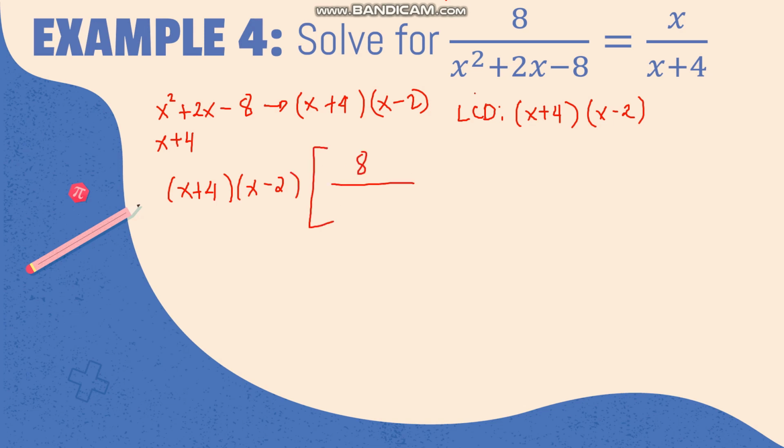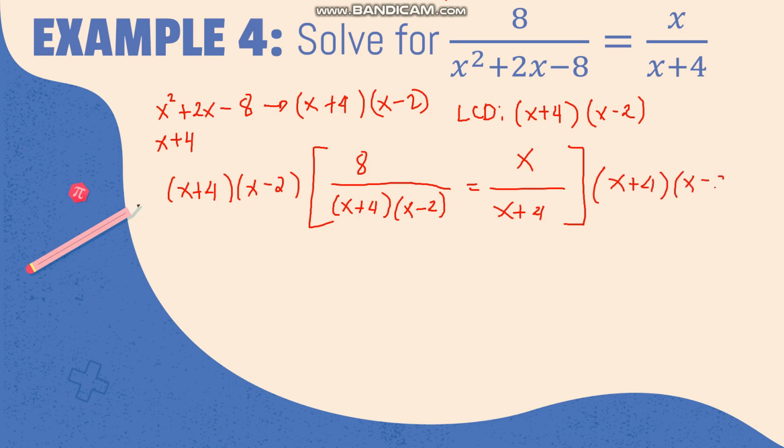Now instead of writing the original expression, we can just write the factored form so that we can easily cancel. So x plus 4 times x minus 2 equals x over x plus 4, and then you multiply it with the LCD, x plus 4 times x minus 2.